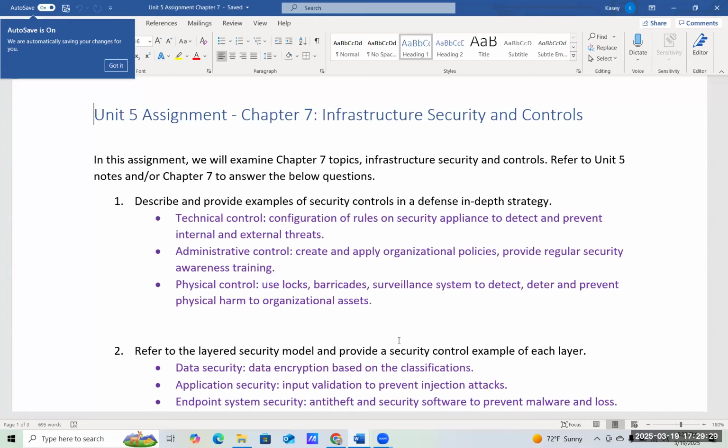Administrative control means that we are going to create and apply organizational policies, and provide regular security awareness training to make sure that people understand the requirements in security practices. So we would have policies such as password policies, how we want to reduce the vulnerability of weak passwords. We would have policies for data loss prevention in how we maintain our data and control our data access.